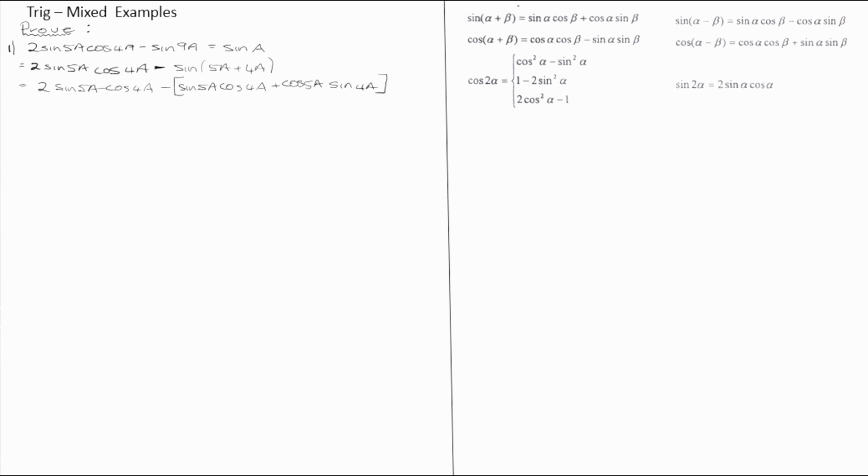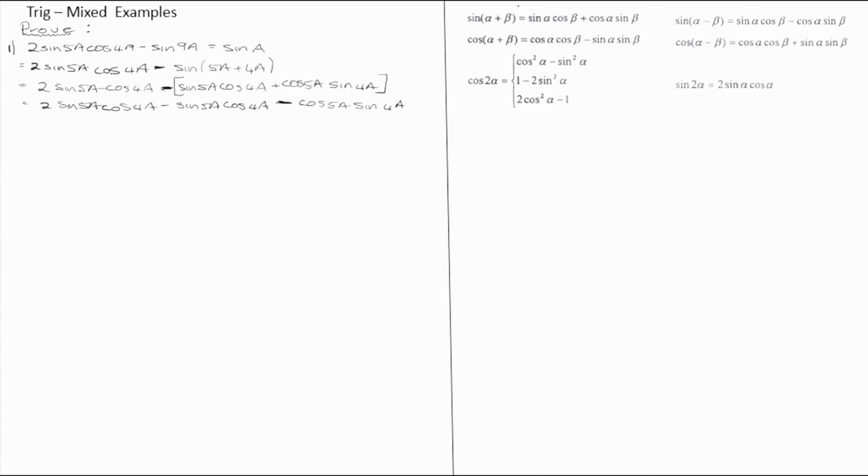Right, so we are now going to distribute this minus into the bracket. So it's going to be 2 sine 5a cos 4a minus sine 5a cos 4a minus cos 5a sine 4a.